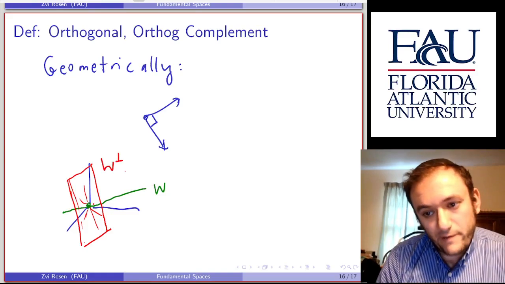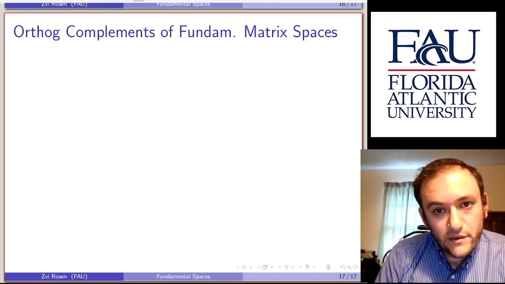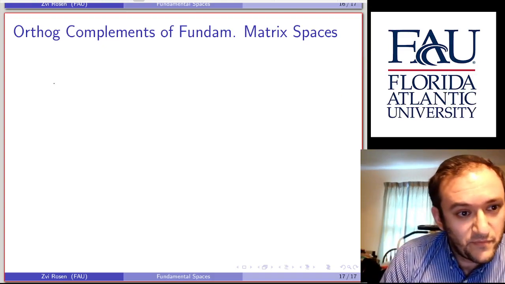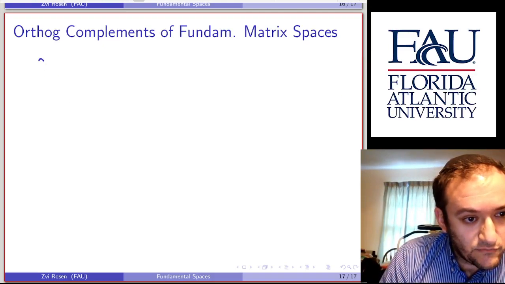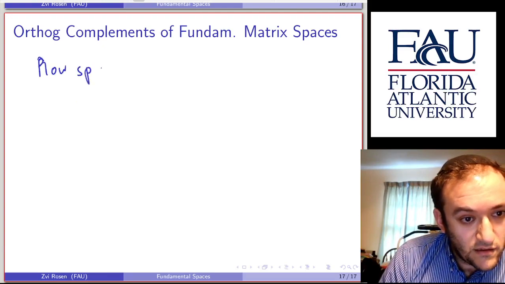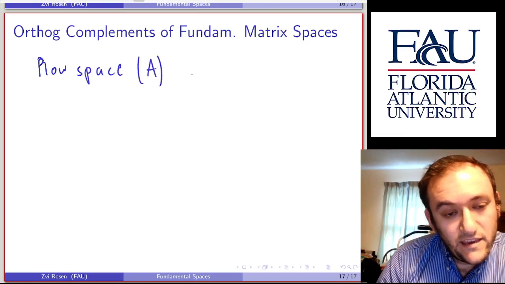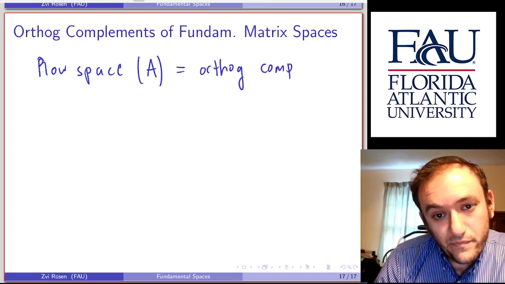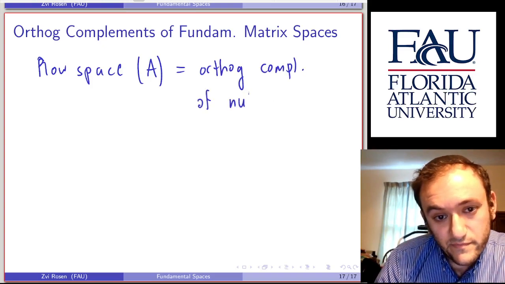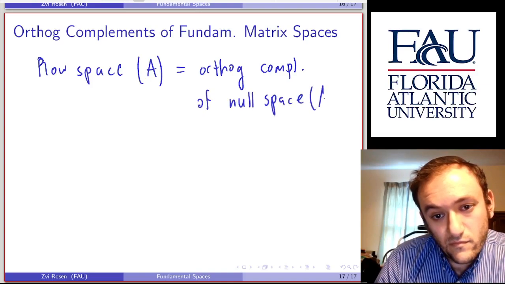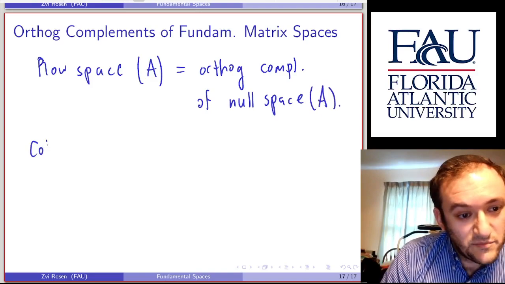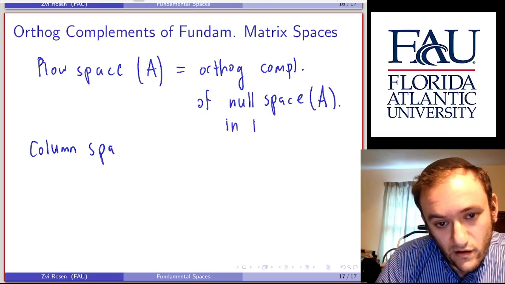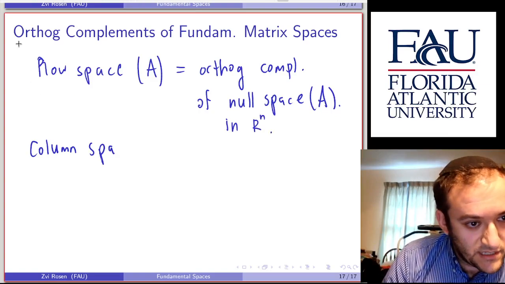So these four fundamental matrix spaces are orthogonal complements to one another. The row space of a matrix A is equal to the orthogonal complement of the null space. Maybe I should say this explicitly.